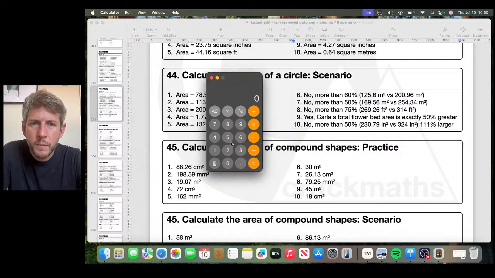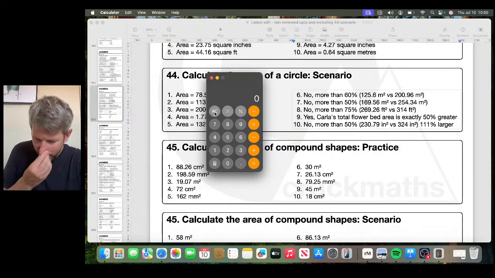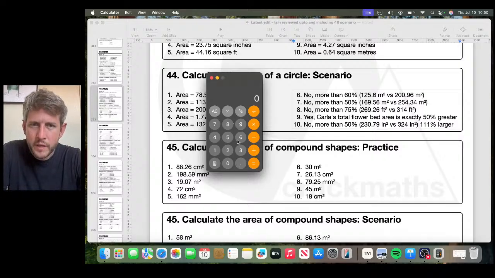It's 230.79 times 2.11. Oh, I see. It's larger than the original value. Got it. Right.